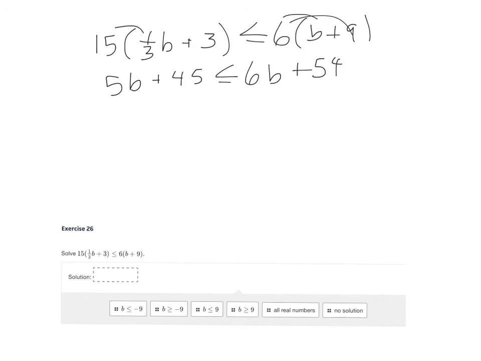Now, I'm going to minus 5b from both sides because that'll leave my variable positive. I'm going to get 45 is less than or equal to b plus 54. Now, to isolate my variable, I'm going to minus 54 from both sides.